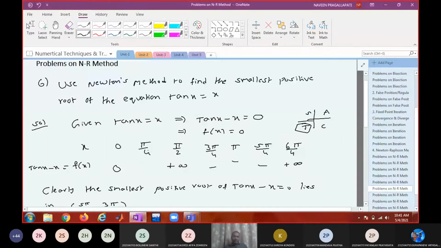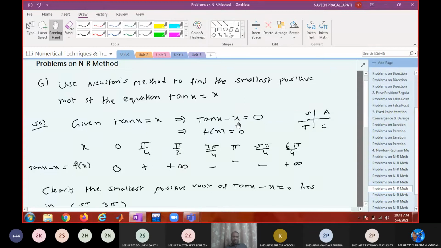Is it positive at pi by 4? Yes, sir. As we extend to pi by 2, tan x tends to infinity.